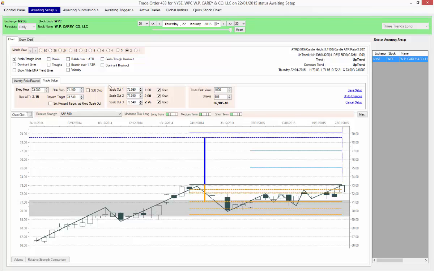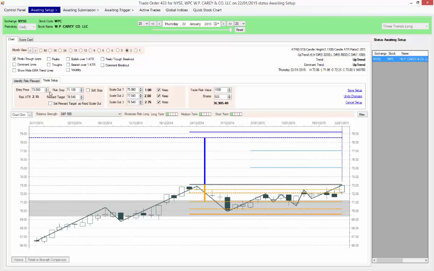So back now onto the first section. $73.08 is the entry price, 2 pips above this last candle. The risk stop is at $71 exactly. The reward target is $78.54, which is 1% below what we saw was that previous long-term peak.